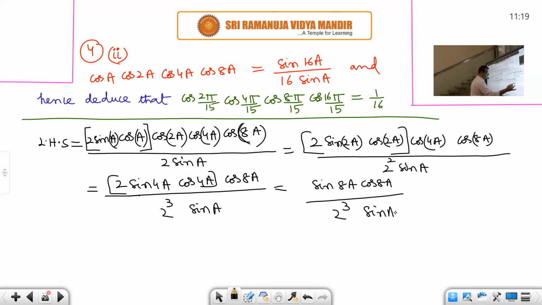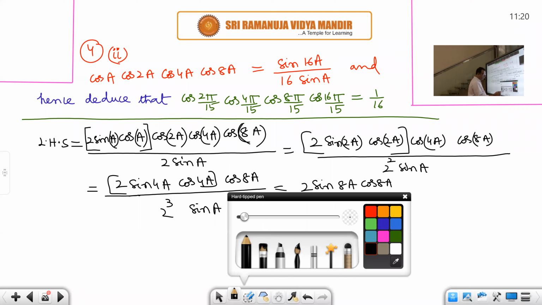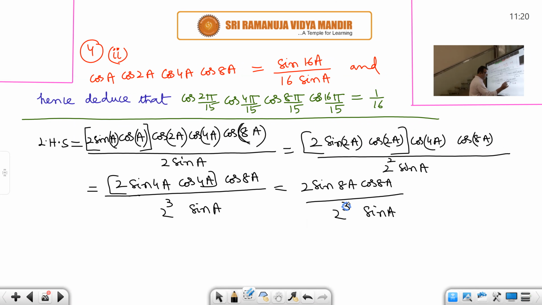Again, what is the next step, Prabhas? Again, we should multiply and divide by 2, sir. So I have multiplied by 2, divided by 2, which means it becomes 2 power 4 now. Numerator is what now? Sin 16A, sir.